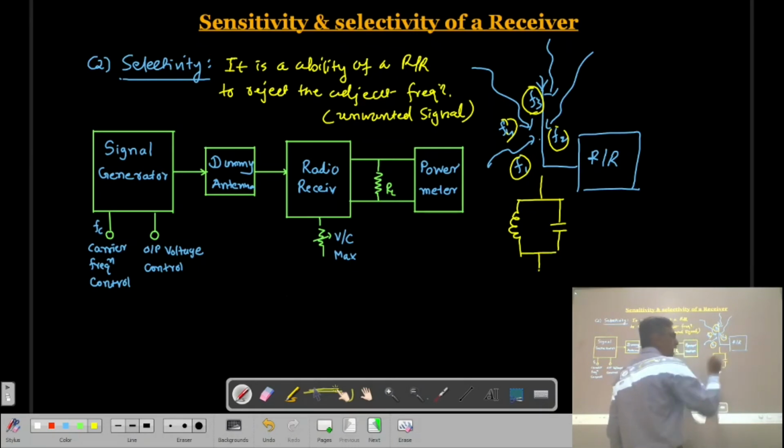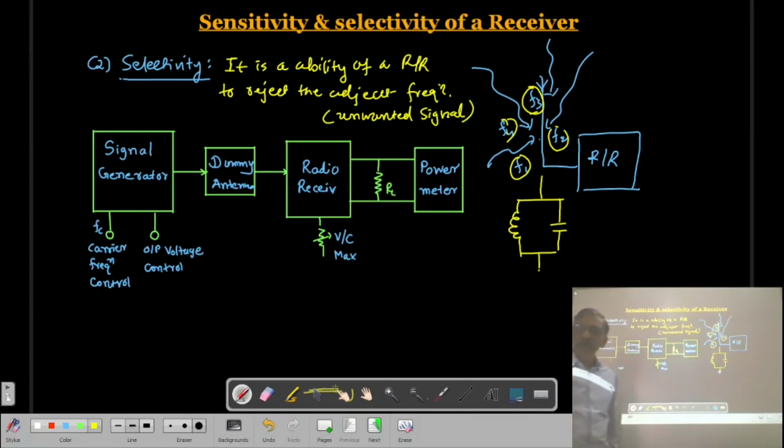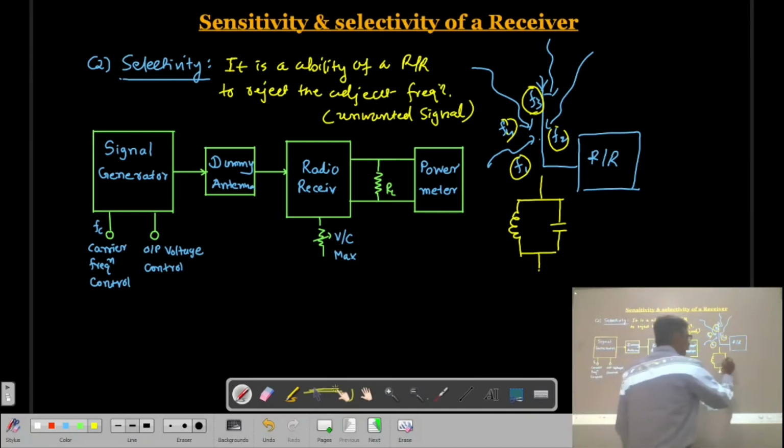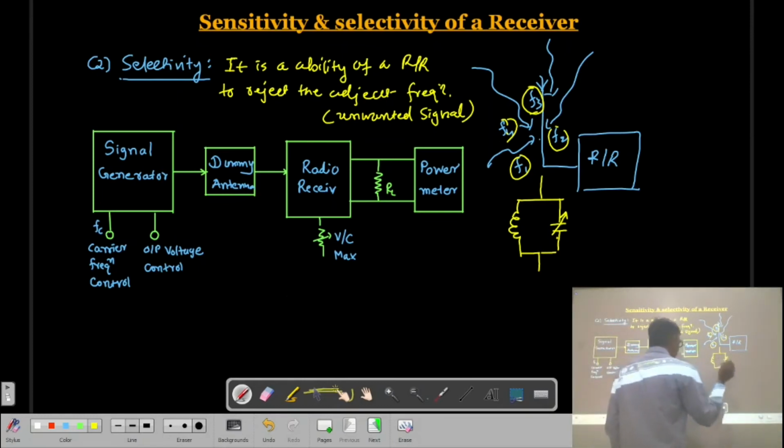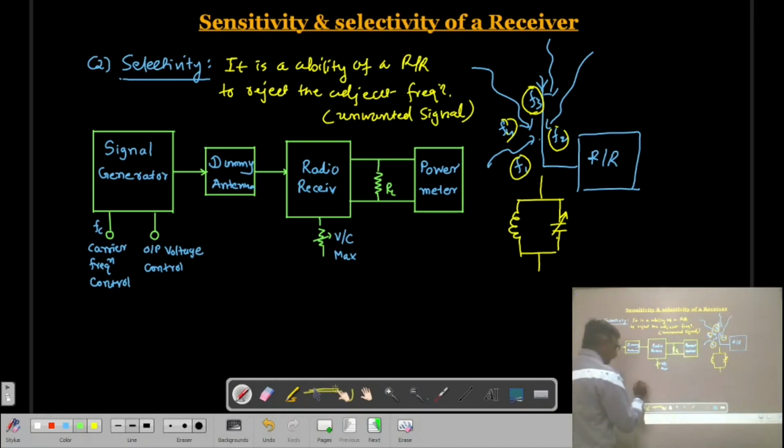Then in the radio receiver we have a number of tank circuits in the IF amplifier. Now at the input of the radio receiver, this tank circuit has a quality factor. Already you know what the quality factor is. That quality factor Q is given by the resonance frequency divided by the bandwidth.